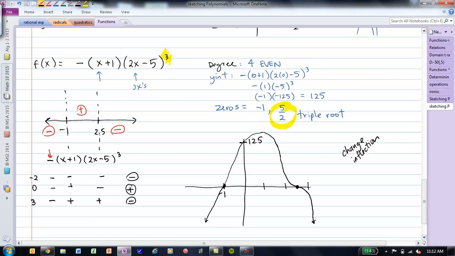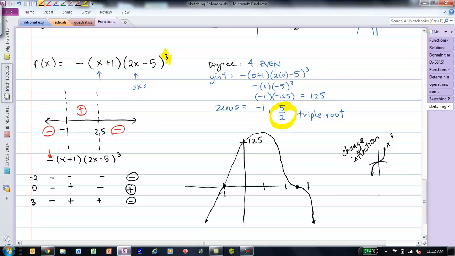Then we put our arrows in at the end. It makes a lot of sense, because remember an x cubed graph has that S kind of shape. So anytime you have a triple root, you have that shape surrounding the point.